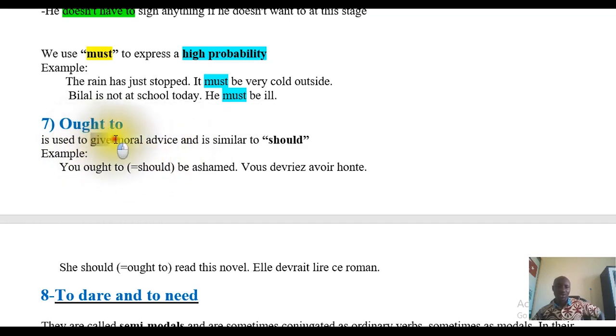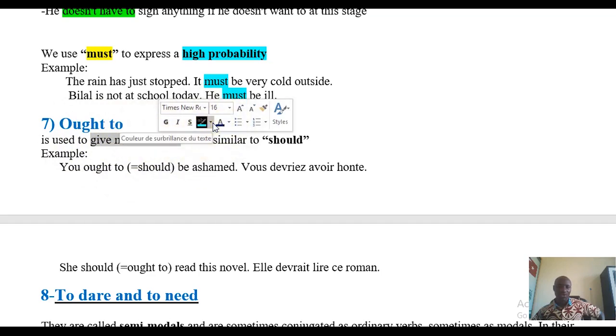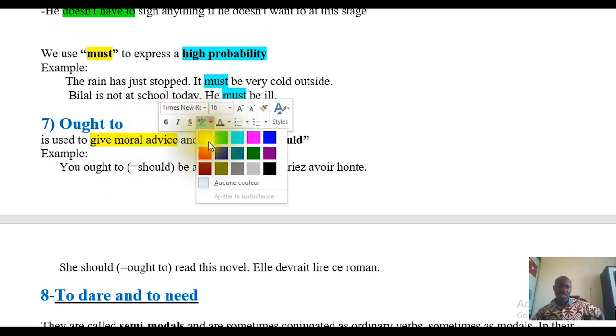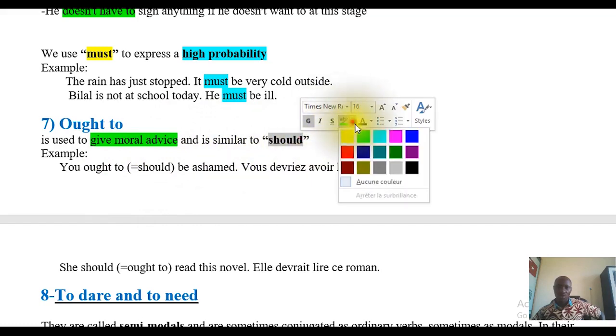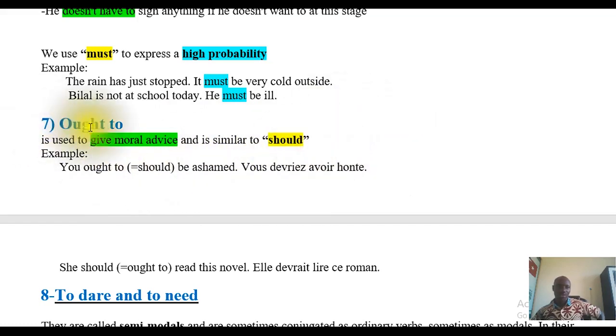If you want to give moral advice, you can use ought to, and it's similar to should.